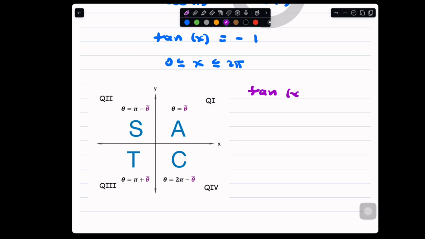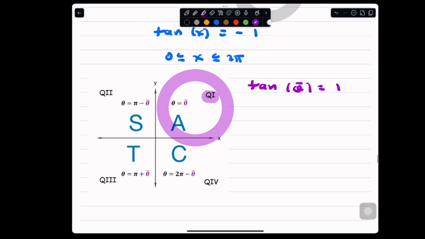you have to always start by doing the quadrant 1. And I'll use notation from trig. You need the quadrant 1 solution here. Okay? And tangent of that reference angle. You guys know, what's the reference angle when tangent's 1?